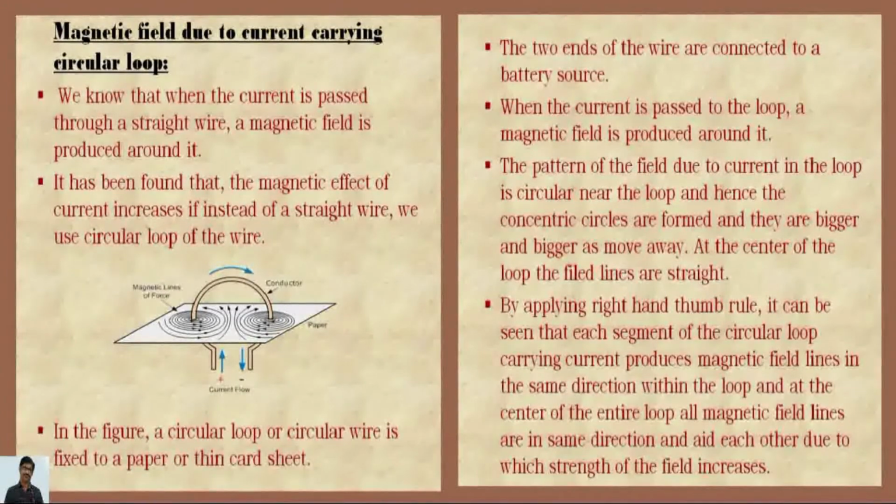In the center as well as around the loop, the field lines are in the same direction and supportive to each other, and hence the magnetic field in the region increases. The magnetic field increases at the center of the loop of the current carrying wire.